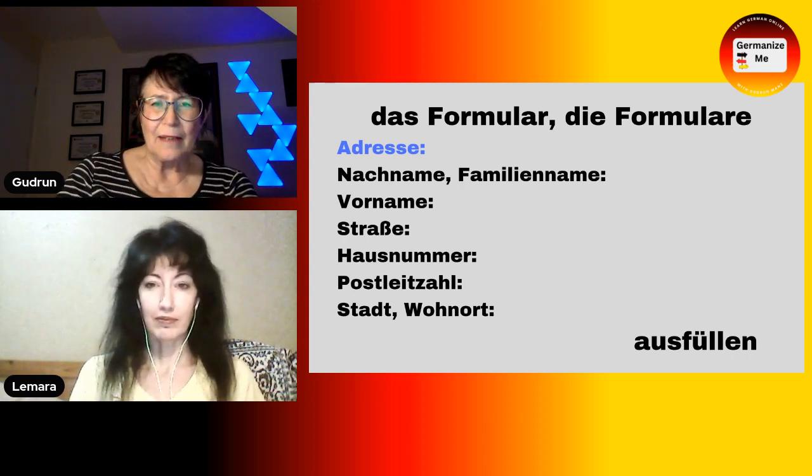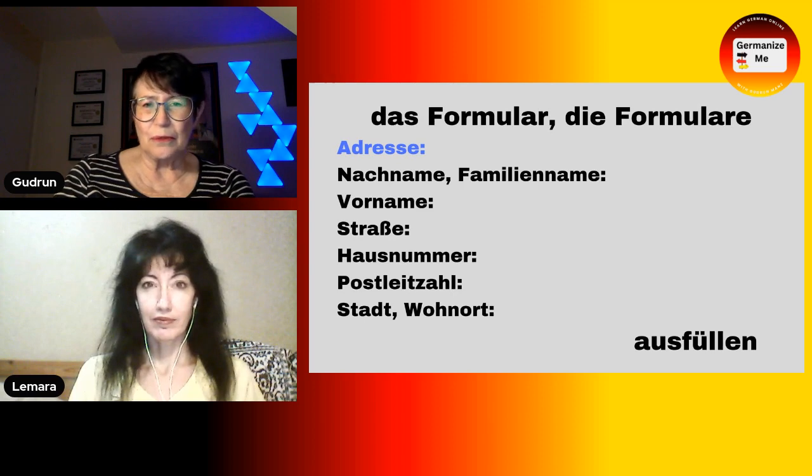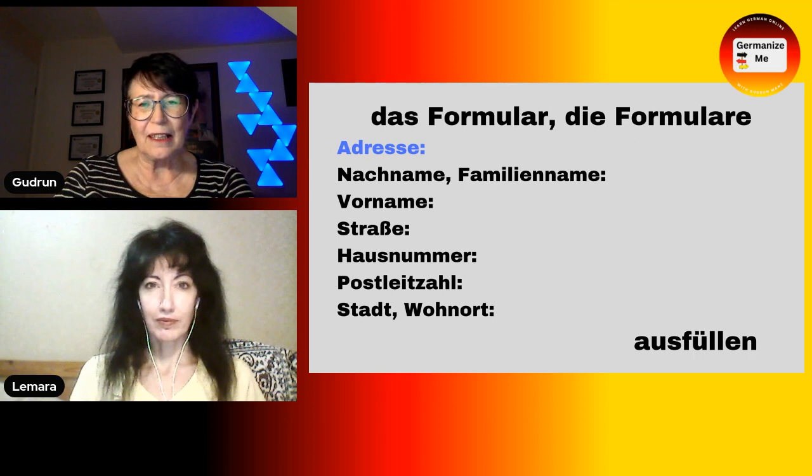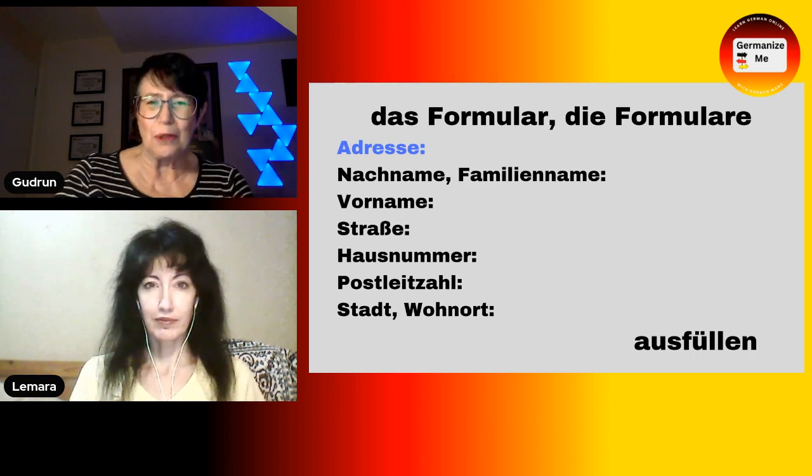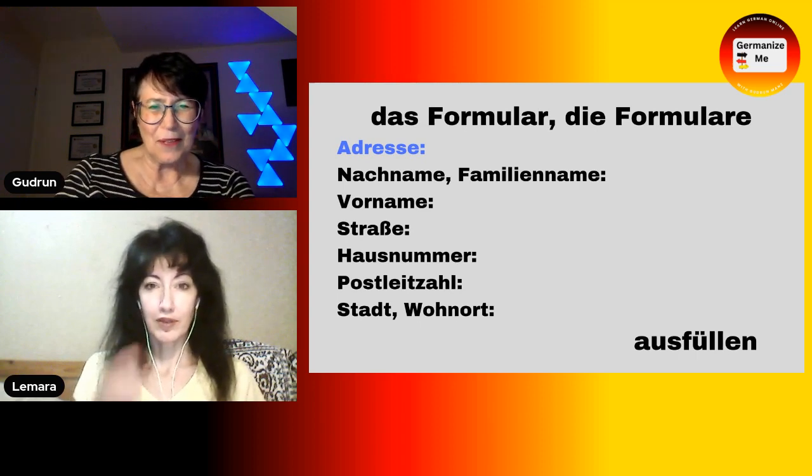Okay. And if you fill out this form, the German word for fill out is ausfüllen, and it's a separable verb. It's like a phrasal verb fill out in English. We just put the preposition in front of the verb.